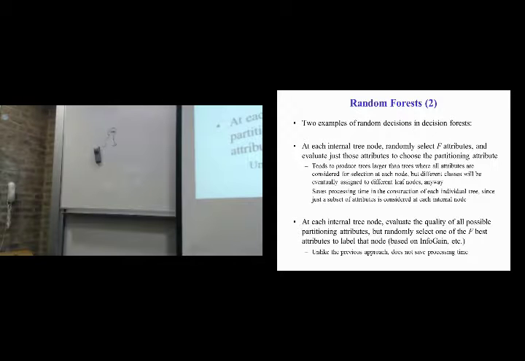Another way of doing this is each time you need to make one of these decisions, you evaluate all of them. So you calculate something like information gain ratio, and then you say, well, I'm going to choose randomly from one of the 5 best rather than choosing the best.